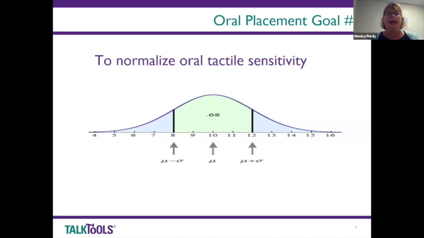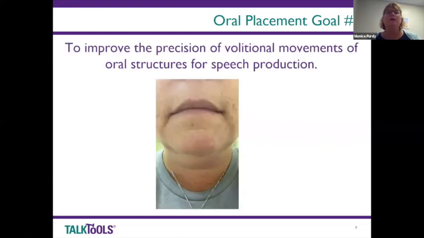Goal number 3 is to improve the precision of volitional movements of the oral structures for speech production. That is a mouthful, right? So what exactly does that mean?